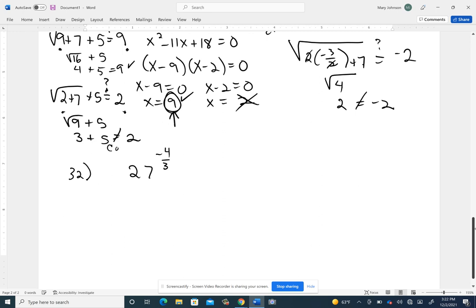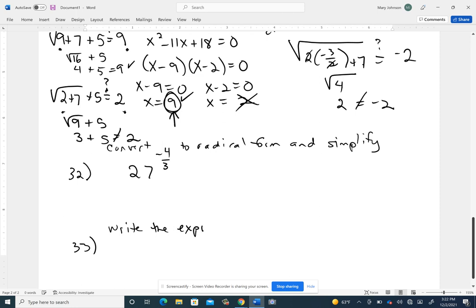And then on 33, I'm asking you to write the expression using rational exponents.